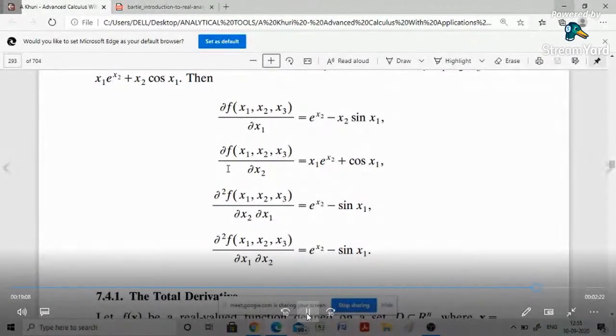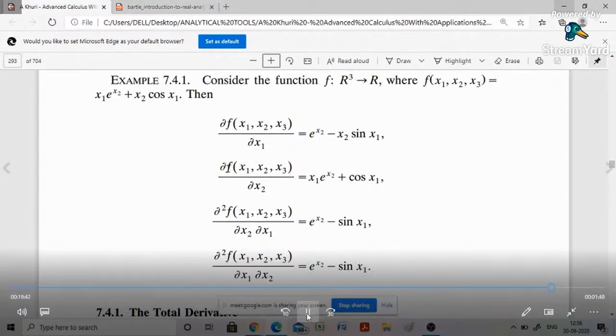This is ∂²f/∂x1∂x2. First we differentiate with respect to x2, which is available in the second line. We can again differentiate with respect to x1. What will be the result? e^(x2) minus sin x1, since the derivative of cos is minus sine. In this fashion, you can find the derivatives.